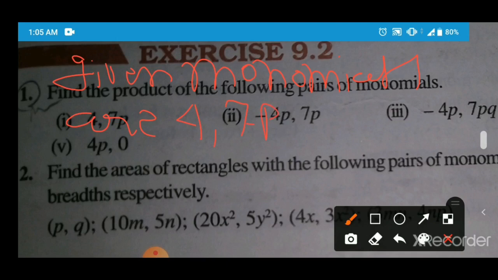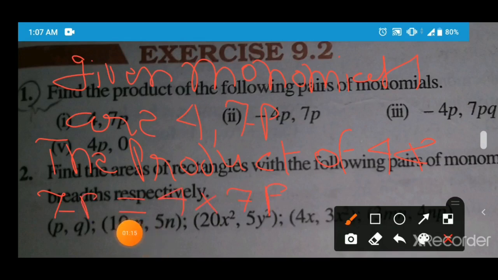Now the product of 4 and 7p is equal to 4 7s are 28p.